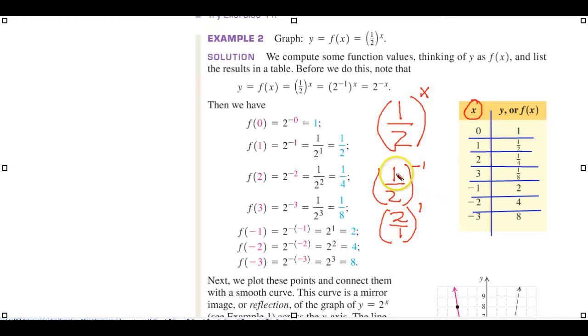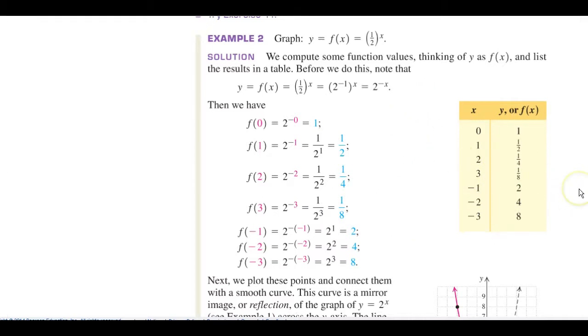So 1/2 to the -1 power is actually 2. -2 power is 4. -3 power is 8. It's the reciprocals of these. So if you're catching on to what's going on here, that's going to be very useful.